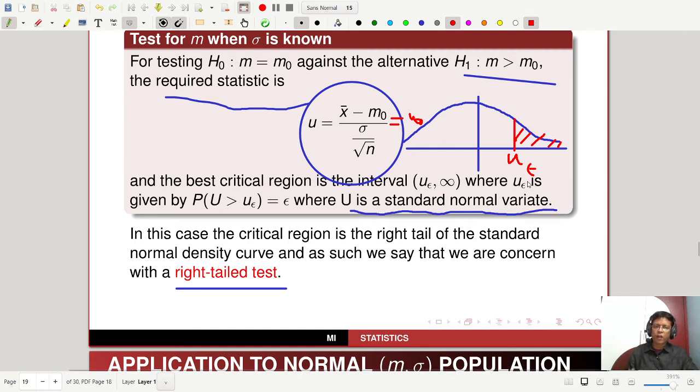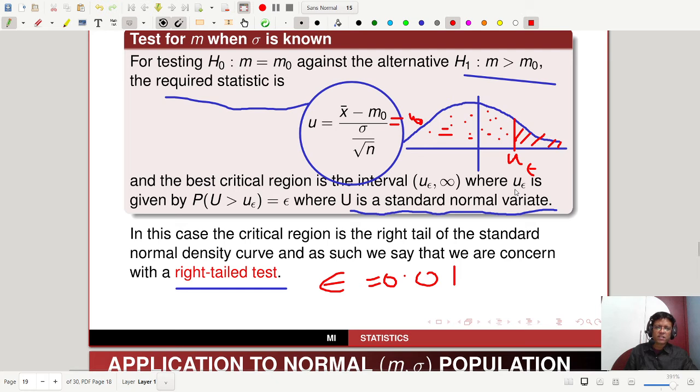If you take epsilon equal to 0.01, that is at the 1% level of significance, then you can confidently reject the null hypothesis, because the critical region is the rejection region. Otherwise, if it does not fall in the critical region, then you have to accept the null hypothesis. This is the acceptance region. This dotted portion is the acceptance region, and the shaded portion is the critical region.